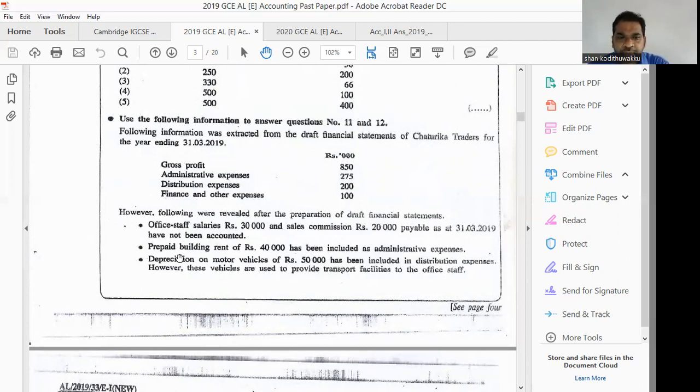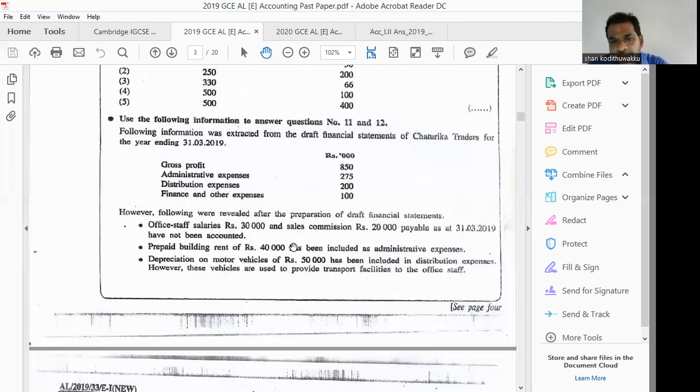If we take the second adjustment, prepaid building rent of 40,000 has been included in administrative expenses. Prepaid rent means what you have paid in advance for the following year. Therefore, we should deduct it from the paid amount.